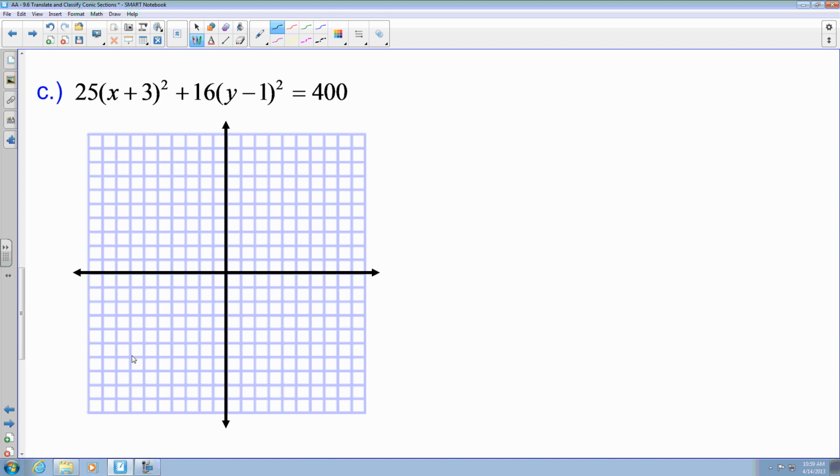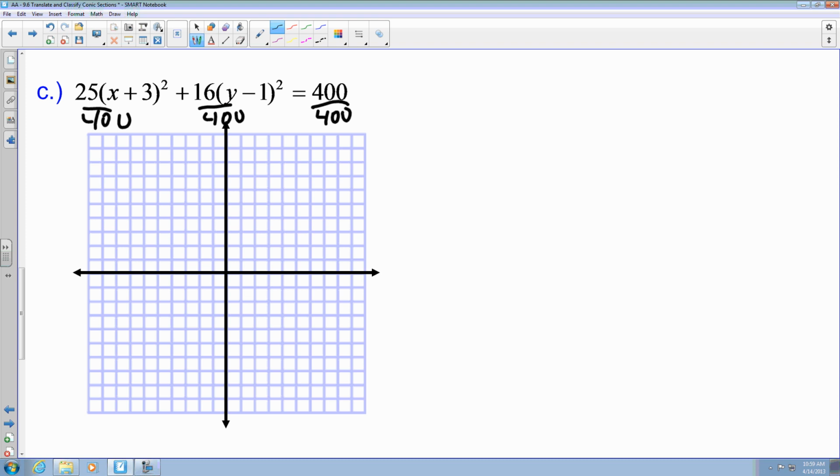For C, I do believe that this looks like an ellipse. And so what I have to do first is divide everything out by 400, because I have to get that equal to 1. 25 divided by 400 is going to be, that's 16.